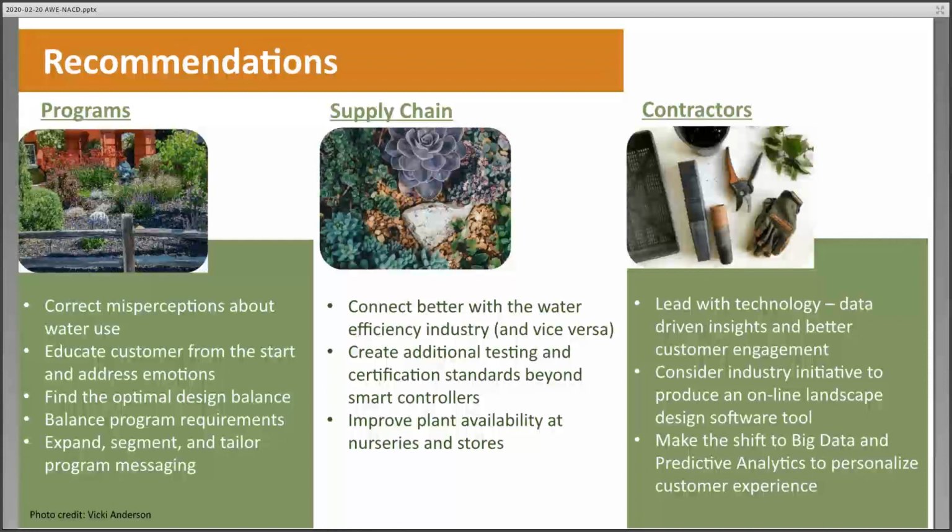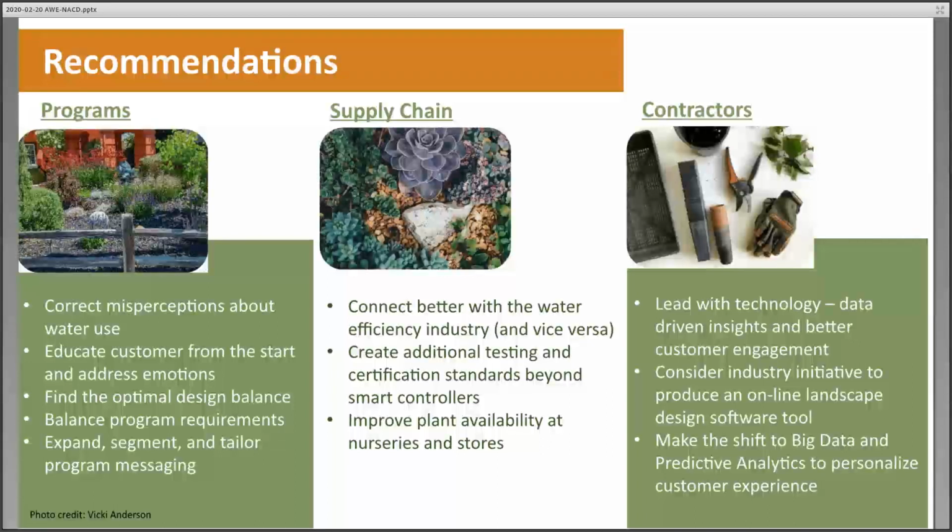So some of the recommendations go in line with the barriers, and that's just to correct misperceptions about water use and educate the customers, and connect better with the supply chain industry, meaning the water efficiency and conservation community needs to create a better dialogue and connect, promote things like testing and certification and labeling like WaterSense, and improve plant availability at nurseries and stores.